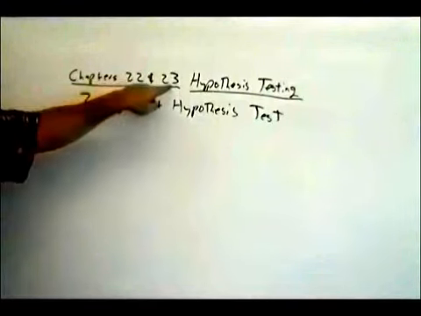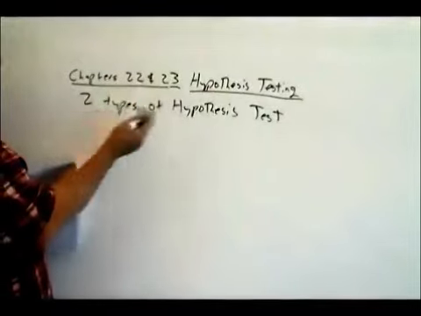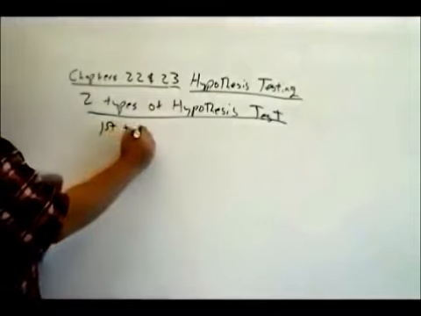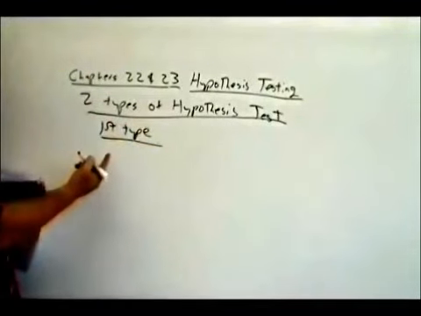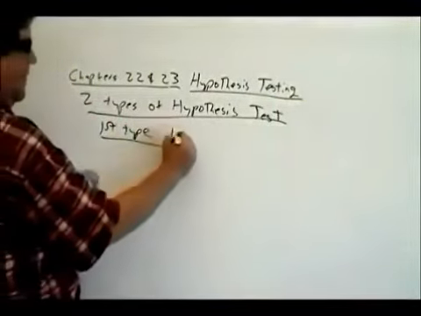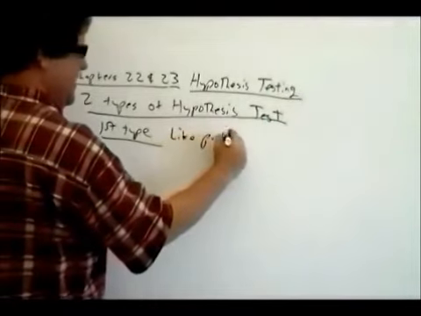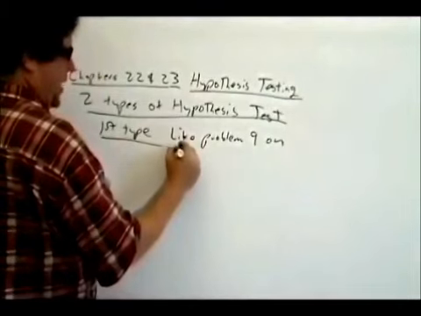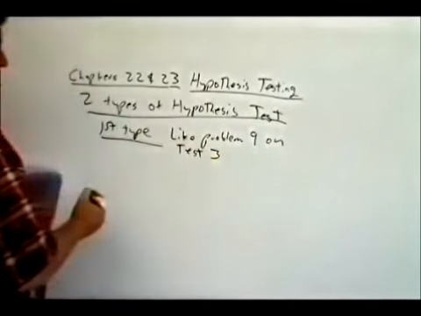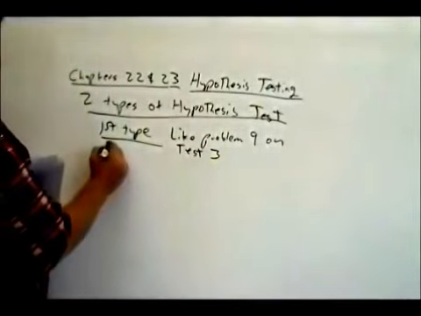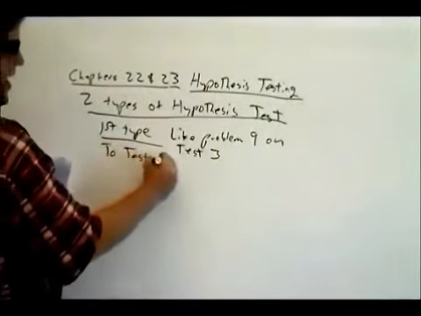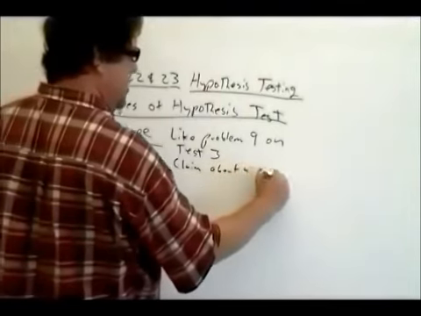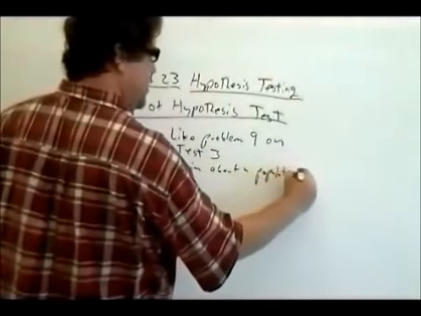So really it's just the two types of hypothesis tests mentioned in chapter 23, and the first type, which is like problem 9 from the practice test, will be on test 3, and it's also on the practice test for test 3, is to test a claim about a population percentage.